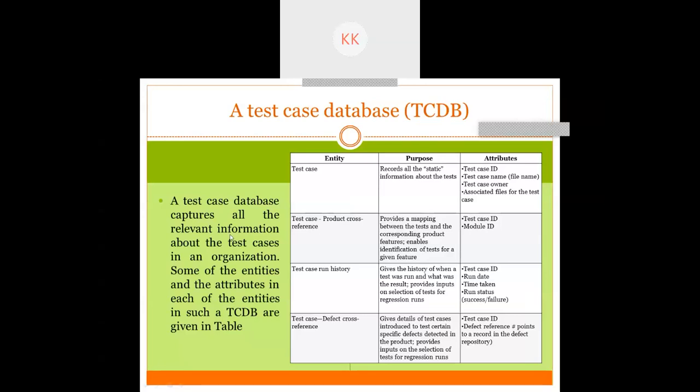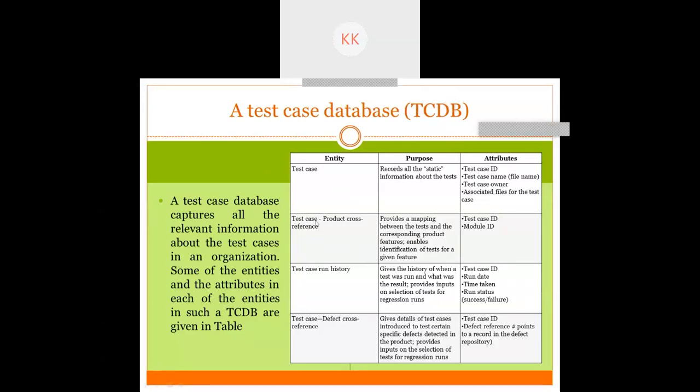Some of the entities and the attributes in each of these entities in such a test case database are given in the table. Okay, so this is the example. Here you can see you have the test case. Purpose records all the static information about the test. It includes test case ID, test case name, test case owner, and associated file for the test. So for this test case, you can have the following attributes to store in the database.